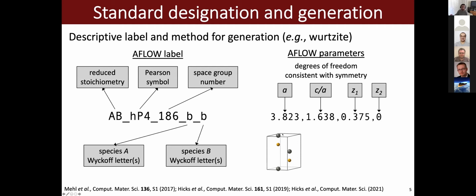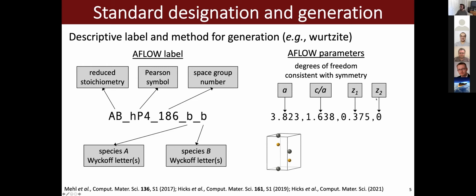But this alone doesn't nail down the exact geometrical structure. There are degrees of freedom that we also need to specify based on this symmetry. For example, this is space group 186 with two Wyckoff letters B, and the degrees of freedom for this label are 4. There's the lattice parameter A, essentially the size of the cell, then the C/A ratio, both related to the lattice parameters.